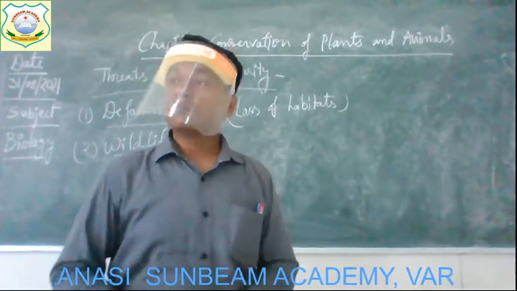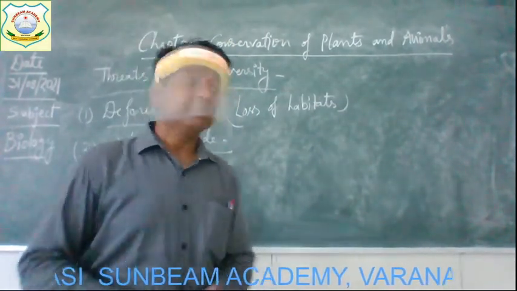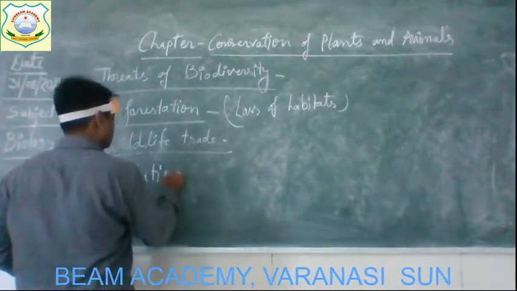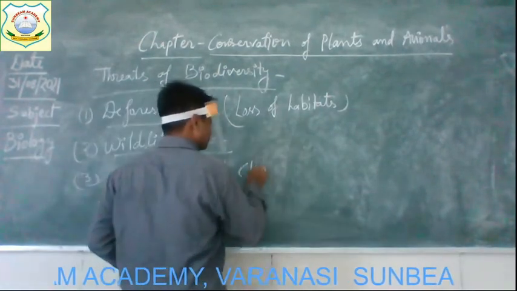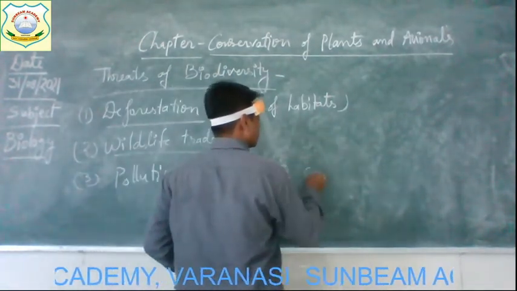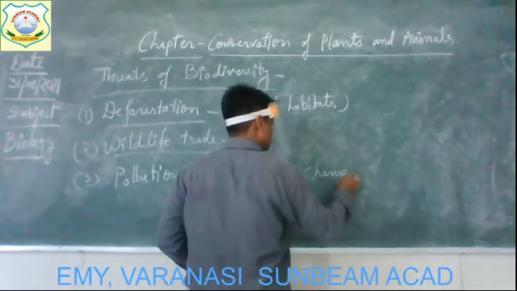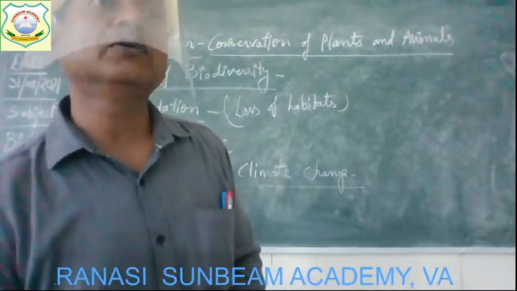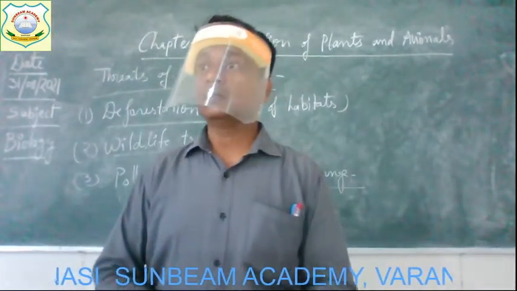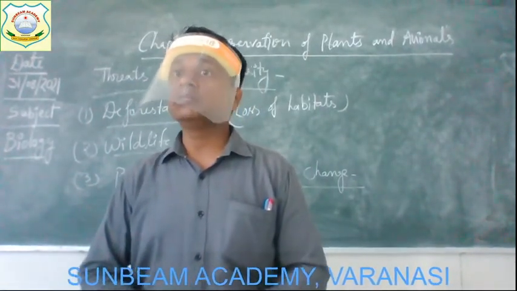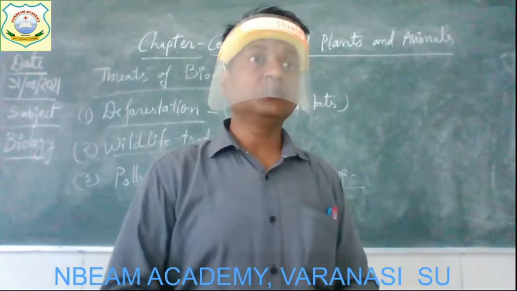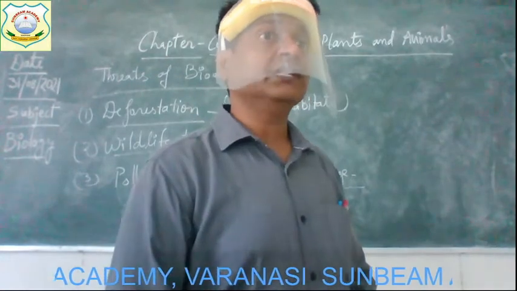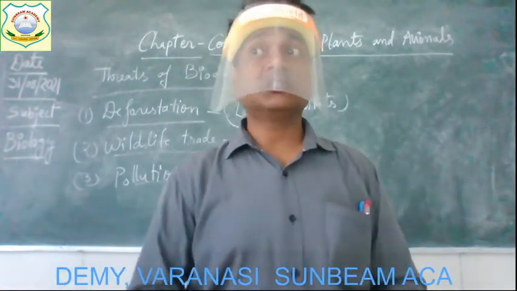The next threat is pollution and climate change. Pollution and climate change is also one of the threats to biodiversity. Because of pollution, it may be air pollution, maybe soil pollution, any kind of pollution, biodiversity is going to be affected. And climate change.